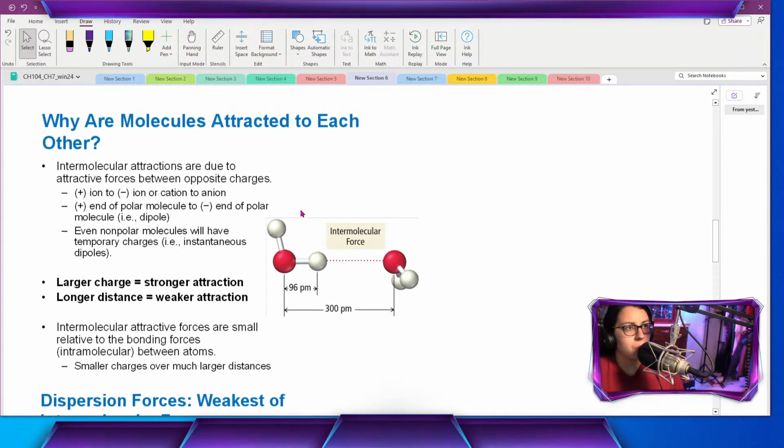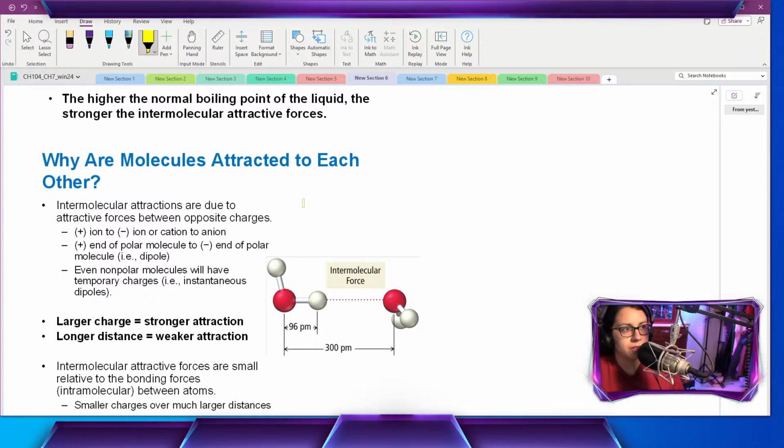And so again, why are molecules attracted to each other? We saw this in our ionic compounds, right? We had a cation, and let's just take sodium chloride. Our sodium was our cation, chloride was our anion. They were attracted since they're opposite charges, so there's your electrostatic interaction.